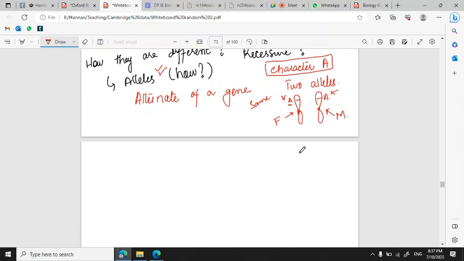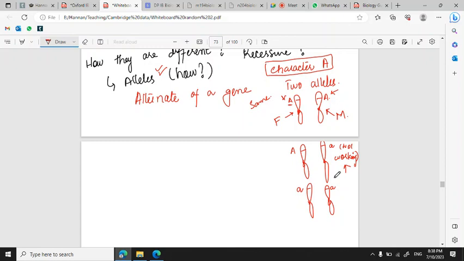But sometimes I get these homologs from my parents and one parent provides me a dominant allele but the other parent provides me an allele that is not working. And sometimes I get one homolog from one parent and the other homolog from the other parent, but both of them provide me alleles which are not working.